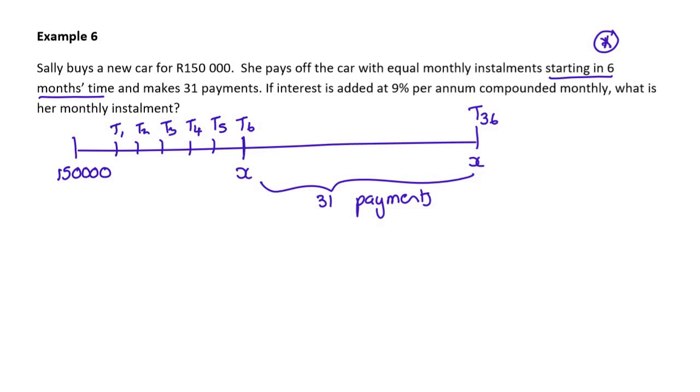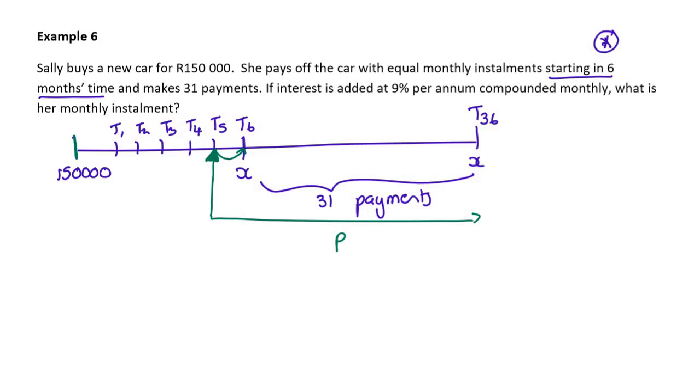Now I'm drawing this picture because I want to show you that the way the present value annuity formula works is you need to know what the loan is one time period before you start paying, because this part of the timeline is your present value annuity formula. It automatically adds 1 month worth of interest and then makes your first withdrawal.